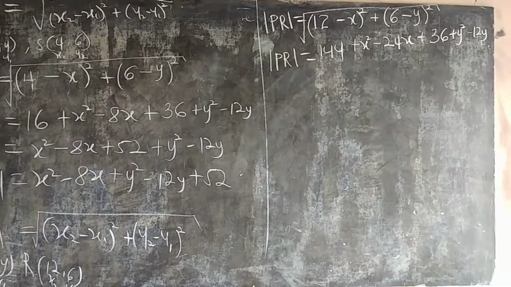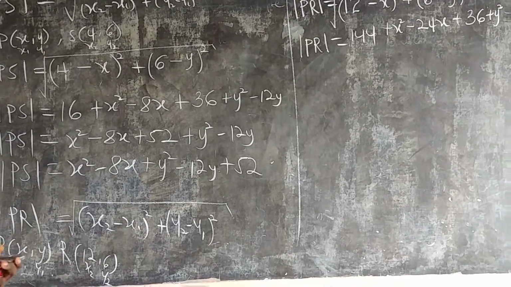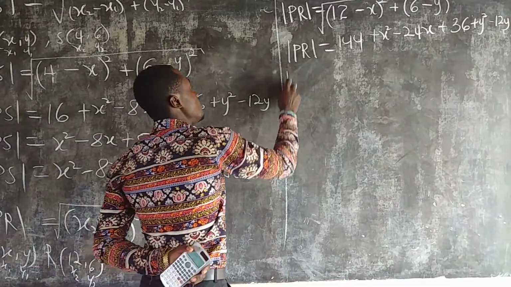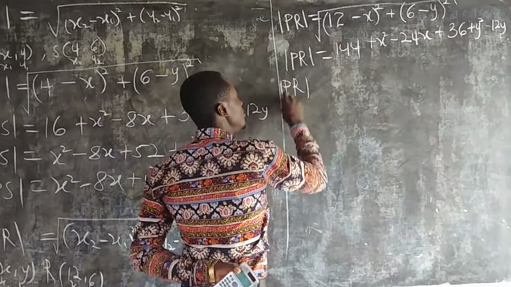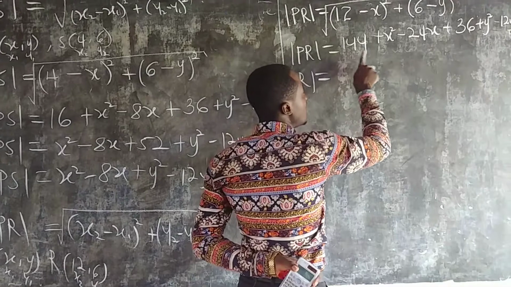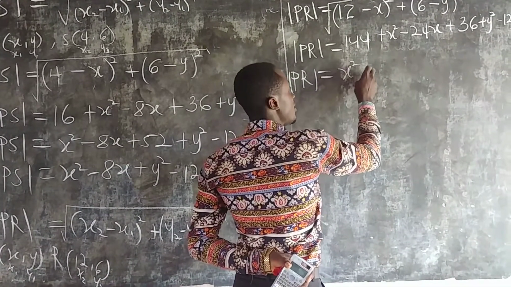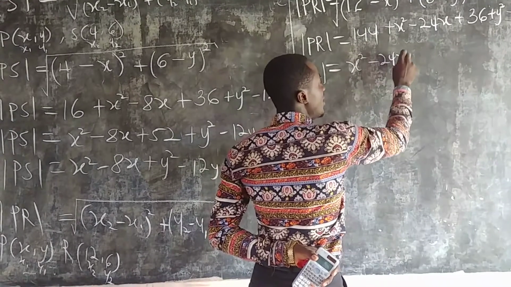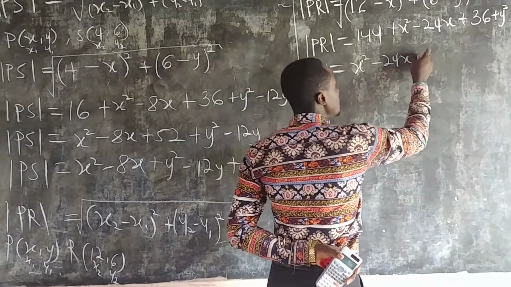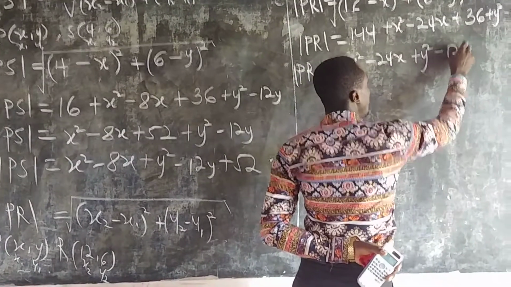So at this point, you have to rearrange your terms. So PR will be equal to, let me first write the x terms. So we have x squared minus 24x, followed by y squared minus 12y.